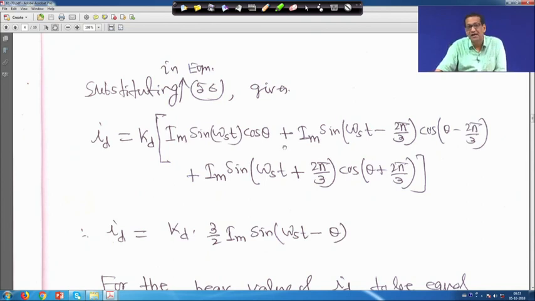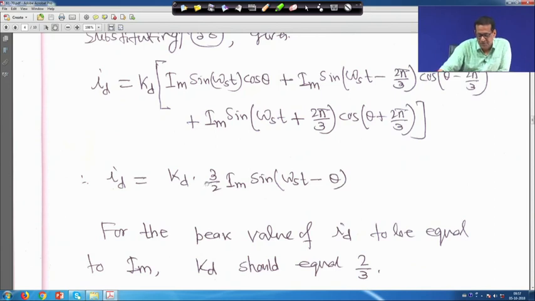If you simplify using trigonometric identities, you will find id is equal to kd into 3 by 2 im sin (omega s t minus theta).